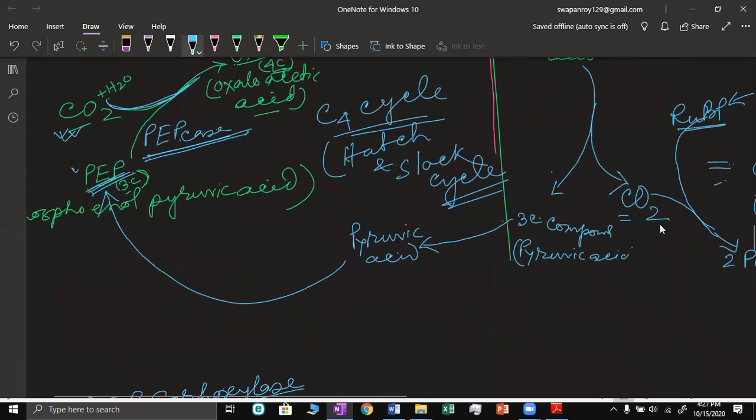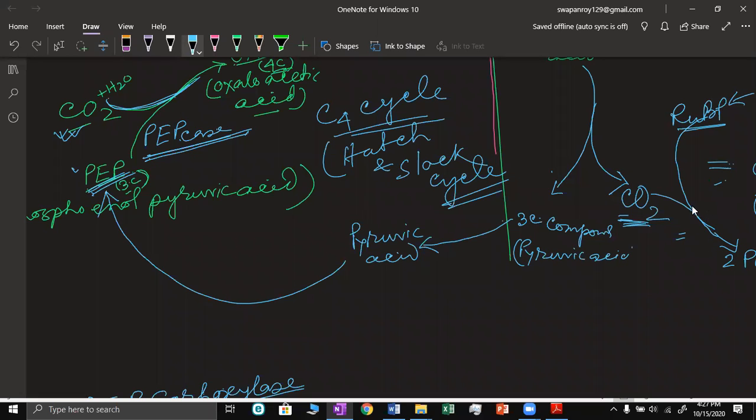And here in this bundle sheath cell, as this process is bringing carbon dioxide regularly, the concentration of carbon dioxide increases, and due to this high increase in carbon dioxide concentration, photorespiration does not occur.